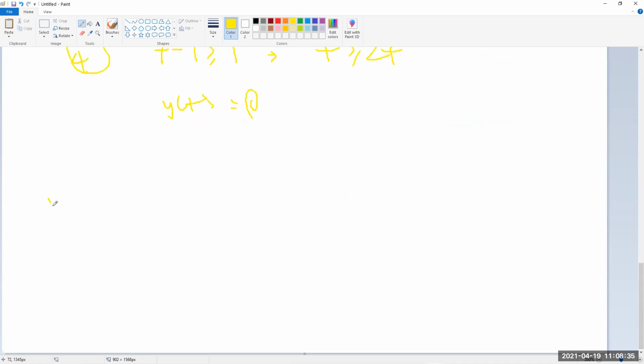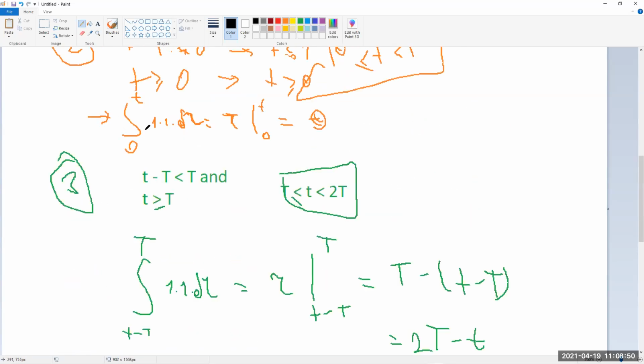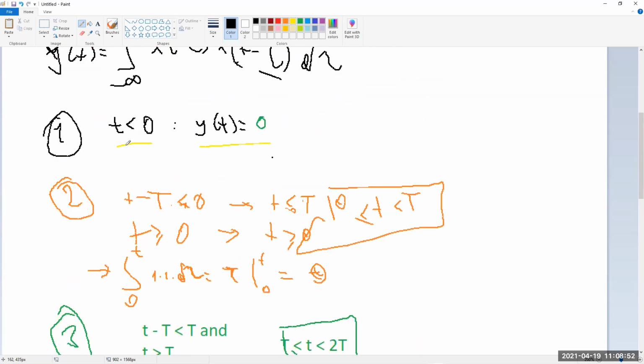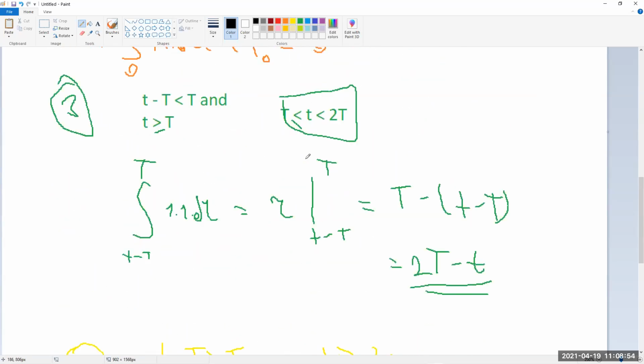And if we combine all of it, let me choose the... it's 0 when t is less than 0.